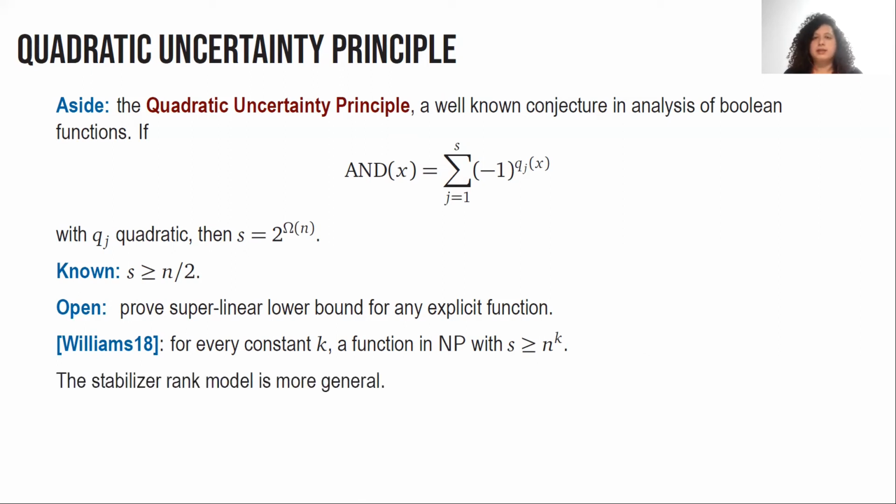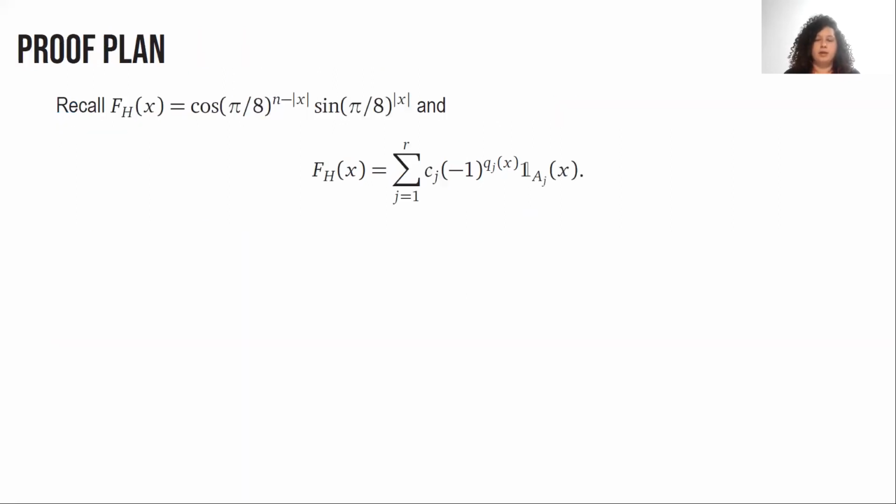And the stabilizer rank is a more general notion. So I'll just give a 2-minute idea of the proof. So recall that we have this special function, f of h, that is the following.